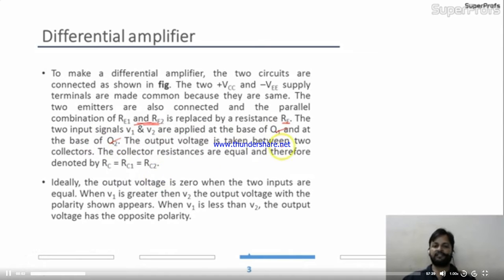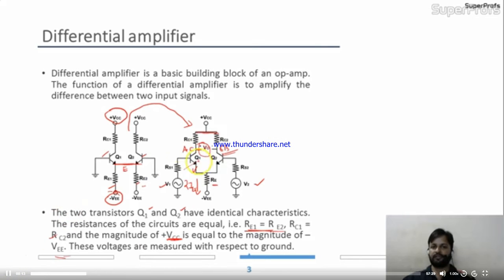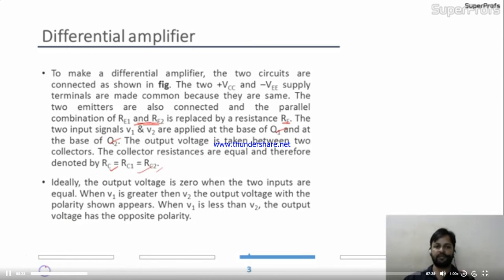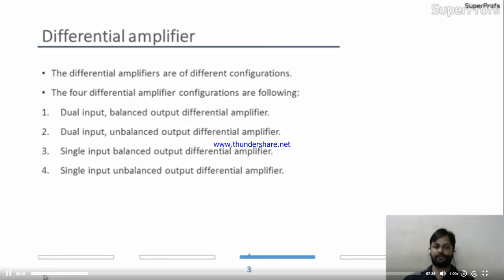So the output voltage is taken between the two collectors. Yes, we have seen. The collector resistances are equal and therefore denoted by RC equal to RC1 equal to RC2. So both RC1 and RC2 are the same. Okay. So I hope the circuitry is clear. Now let's come to the next point.